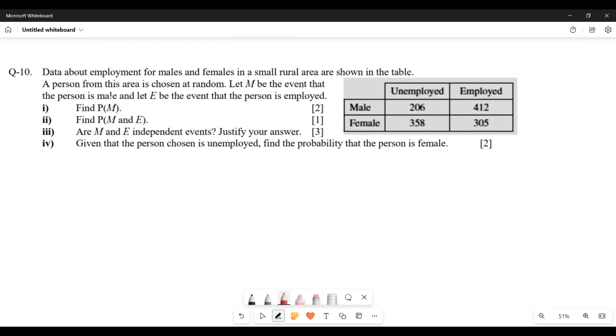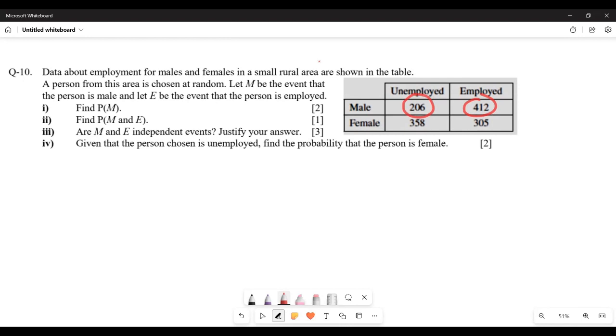Let M be the event that the person is male. Let E be the event that the person is employed. Find probability of M. अच्छा जी. तो यहाँ पे क्या है कि 206 अनएम्प्लॉयड मेल हैं और 412 एम्प्लॉयड मेल हैं. एंड सिमिलरली 358 अनएम्प्लॉयड फीमेल है, और 305 एम्प्लॉयड फीमेल है. हमने प्रोबेबिलिटी ऑफ मेल फाइंड करनी है.